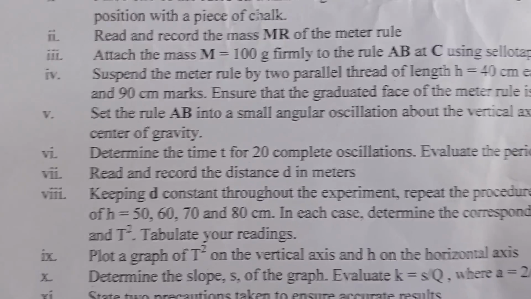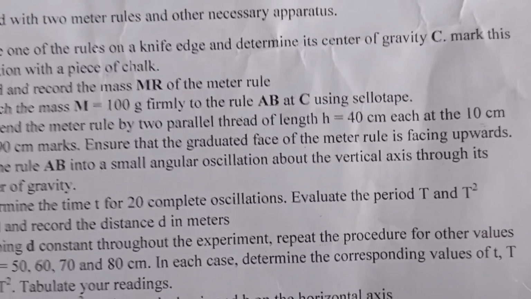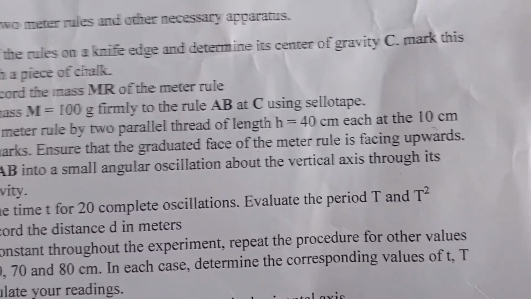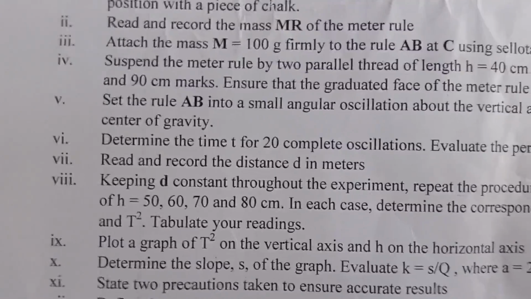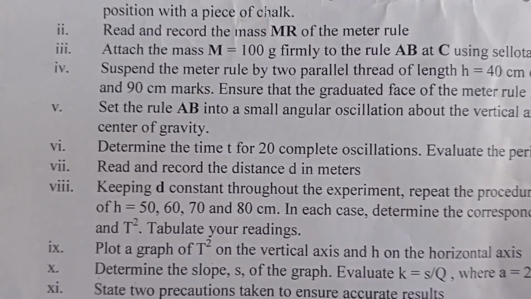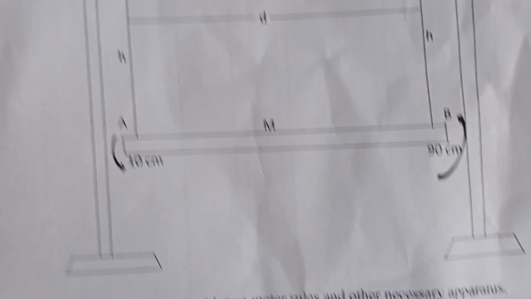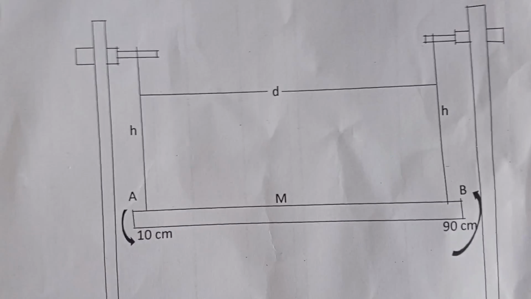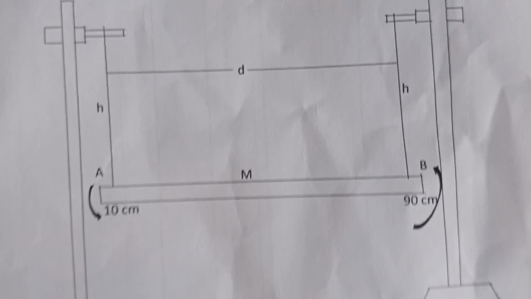Determine the time t for 20 complete oscillations. Evaluate the period T and then T squared. Read and record the distance small d in meters. The small d, as I said, is 90 minus 10, 80 cm.